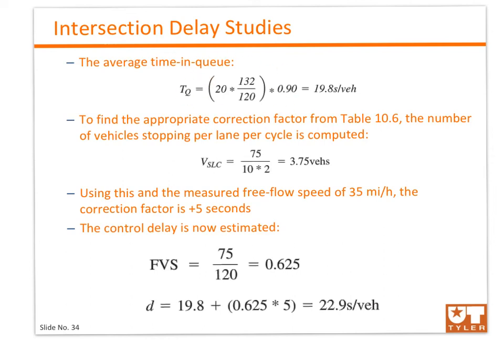TQ, as you recall, involves IS, and that is 20. IS is the time interval between queue counts.